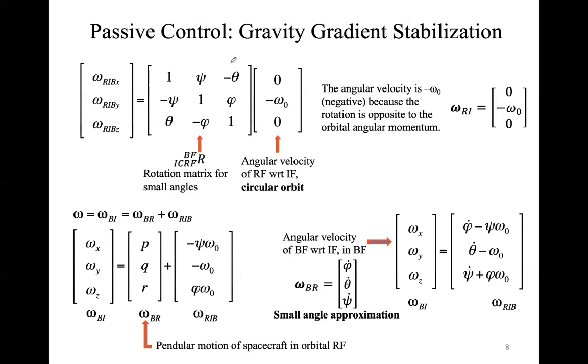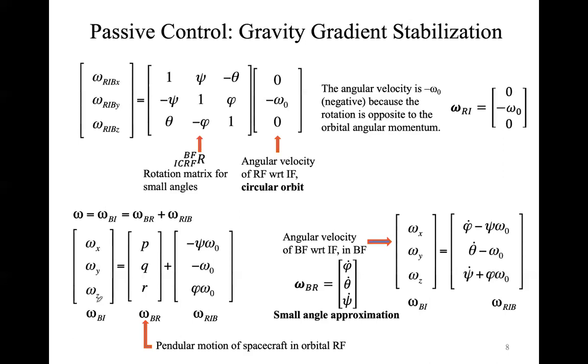If you multiply this matrix to this vector here, what you get is indeed the orbital reference frame with respect to the inertial reference frame expressed in the body frame. So we have the angular velocity between two frames expressed in a third reference frame that is the body frame, because our goal is to express everything in the body frame, where we compute the dynamical equations.